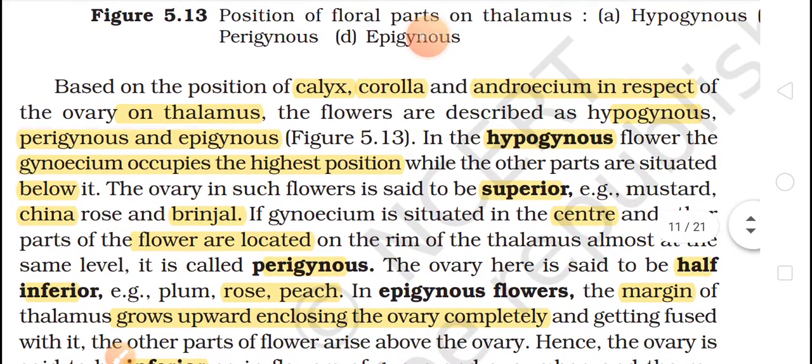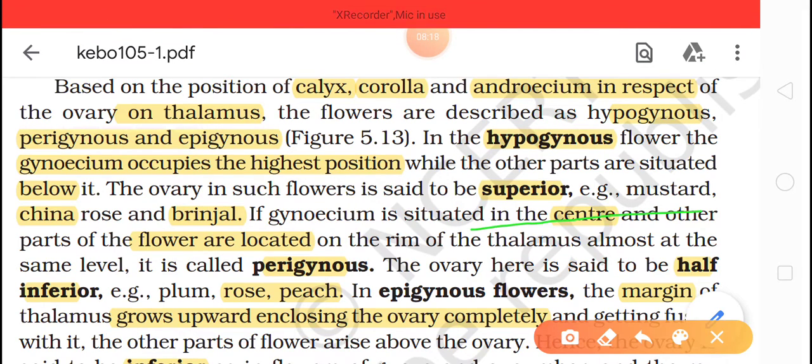perigynous. In perigynous, the gynoecium is situated in the center and other parts of the flower are located on the rim of the thalamus. So in perigynous, children, the gynoecium, the female reproductive part, is situated in the center.